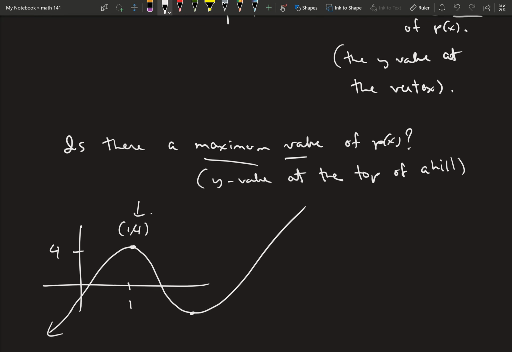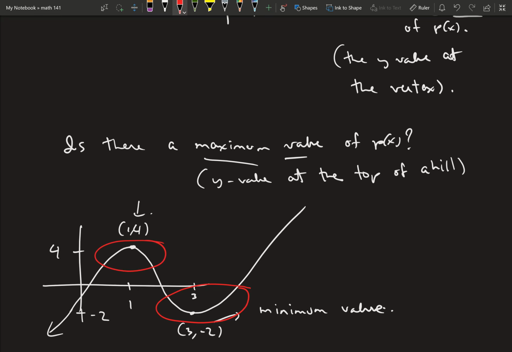Something at the bottom of a hill, say this is the point (3, -2), this -2 would be a minimum value. If I'm around this region, this is the smallest I can get. If I'm around this region, this is the highest I can get.